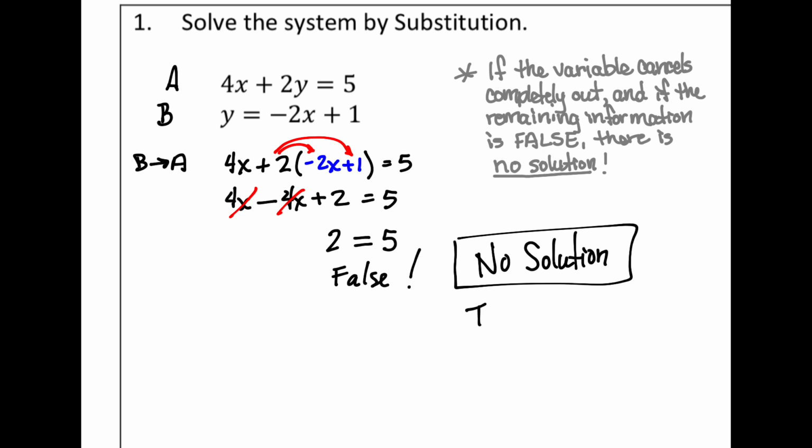So you don't need this as part of your answer, but the lines are parallel and will never cross. This part is not part of your solution. I'm just adding it in so that you can understand. All right, let's take a look at the other one.